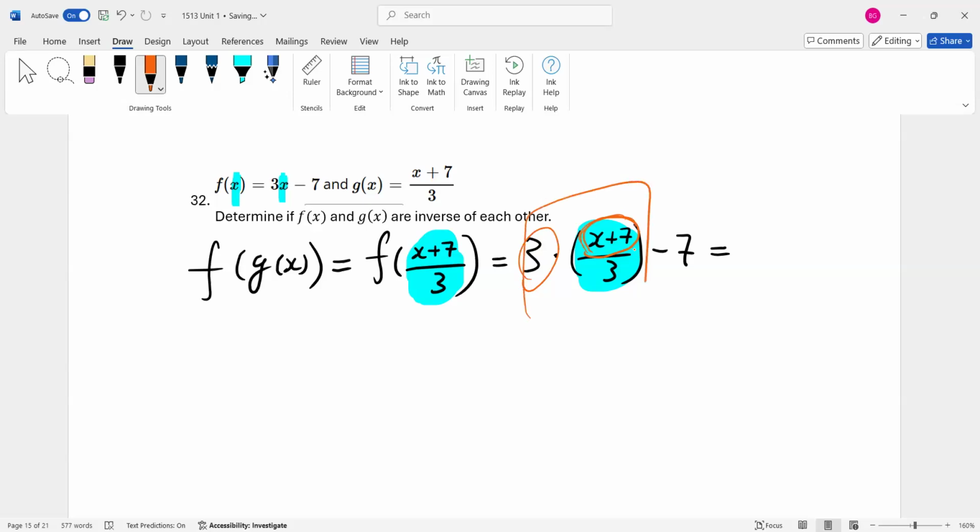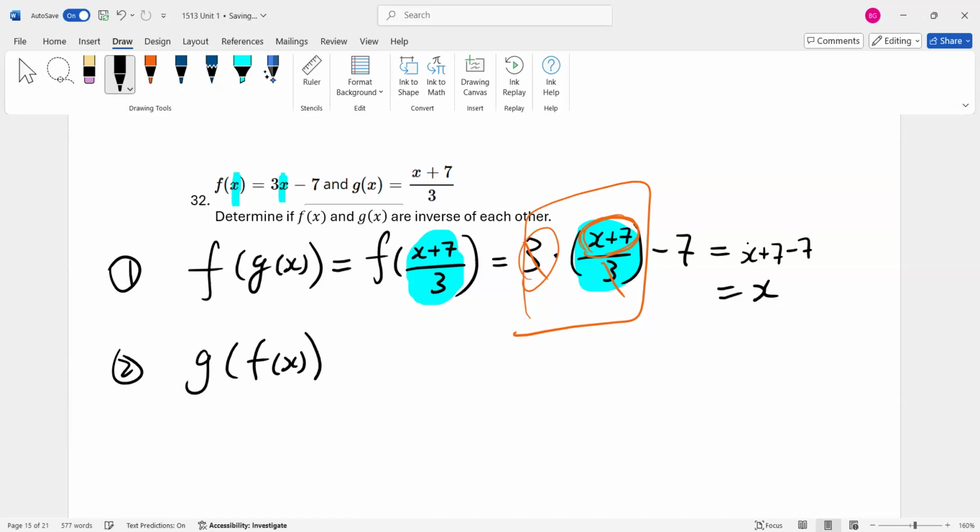Divided by 3, multiplied by 3 cancel each other. So we should have x plus 7. And then minus 7, we have x. Okay, one condition is met. After the input goes through g and through f, x comes out. We also need to check the other condition.